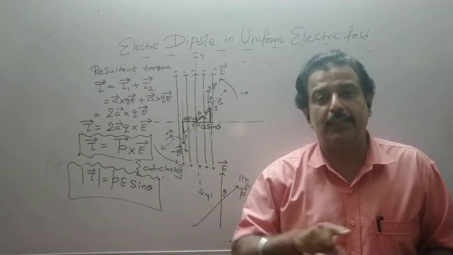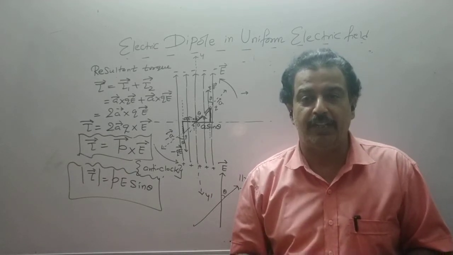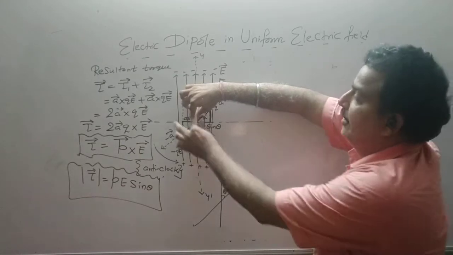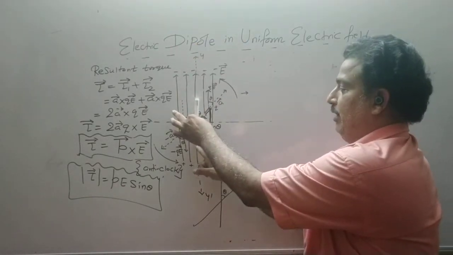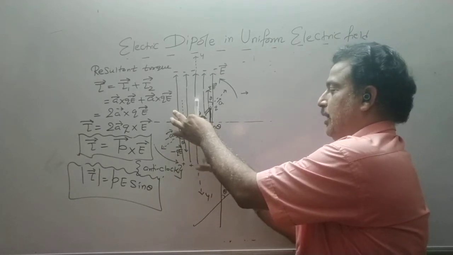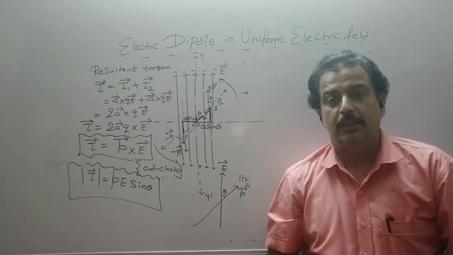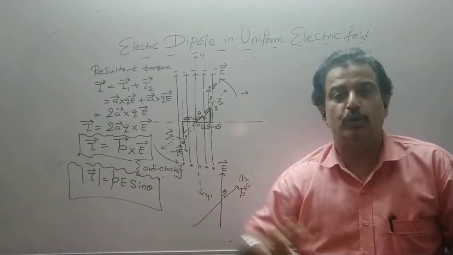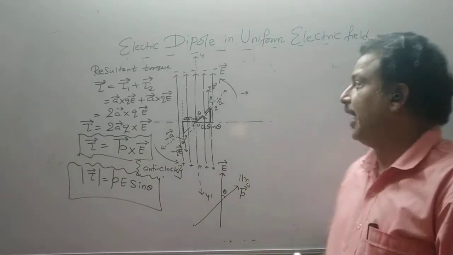And it will rotate till it gets aligned in the direction of the field. Once it is aligned in the direction of the field, with the negative charge and positive charge on either side, it will stop rotating because the torque becomes 0. This is called the normal position of a dipole.